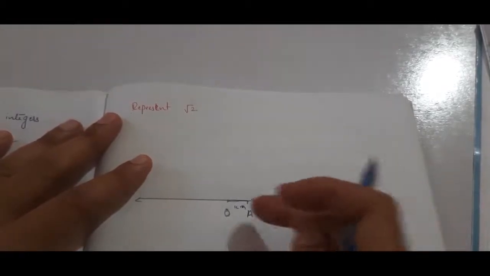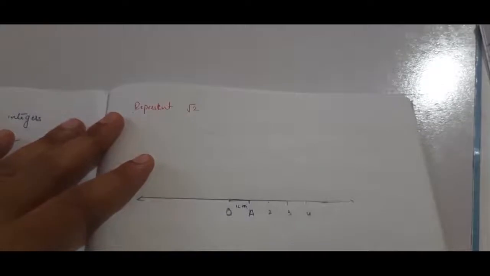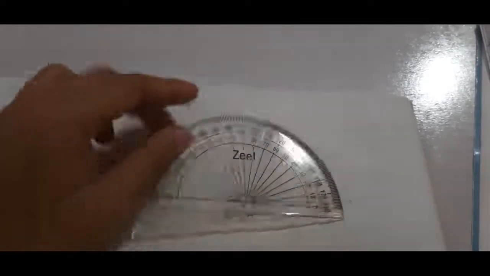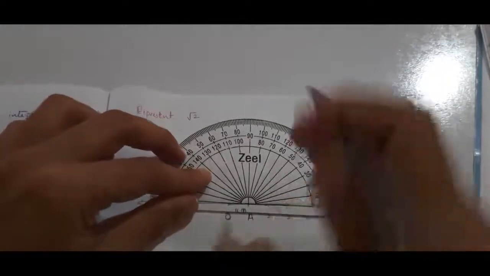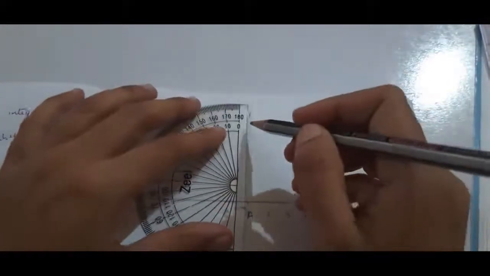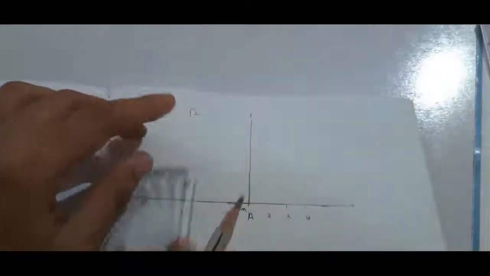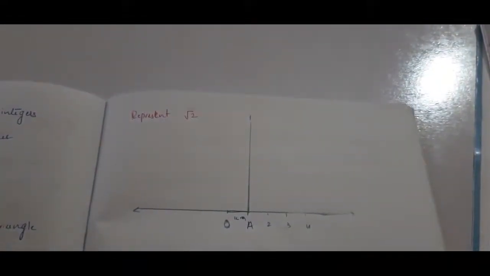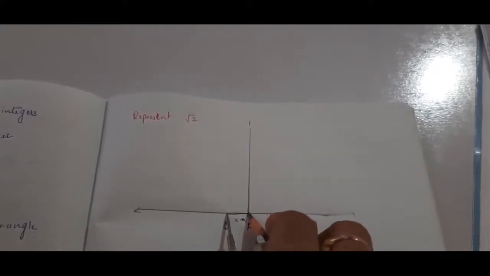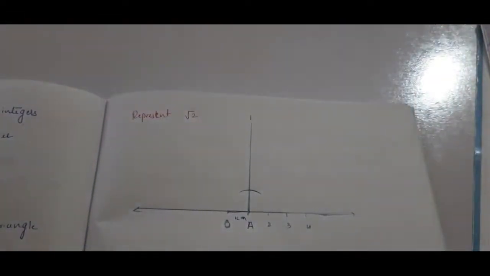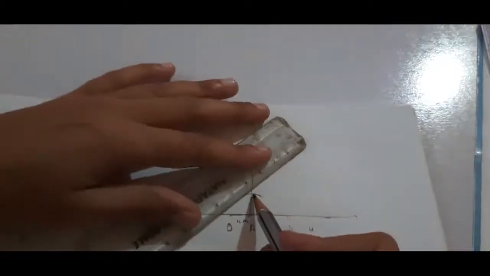Next, draw a perpendicular line from point A. Cut an arc on the perpendicular line with 1 centimeter, and join this point.